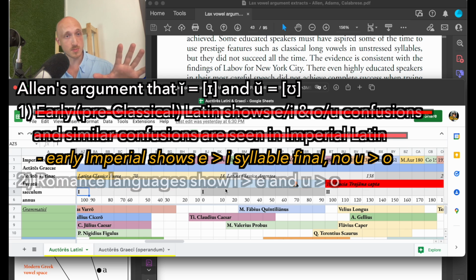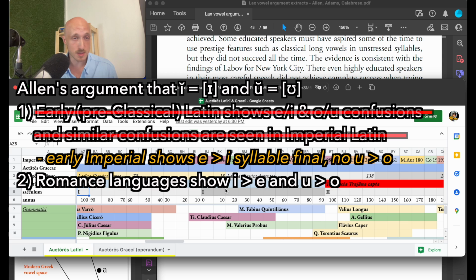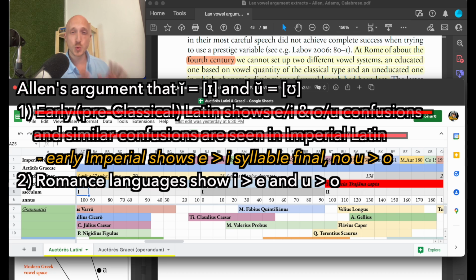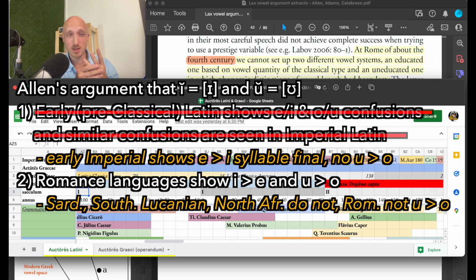The other part of the argument is Romance. Well, Romance languages demonstrate, according to Allen, that we have pira becoming pera, we have culpa becoming culpa, but we have not just one, we have 3 Romance languages, including that North African one, which don't demonstrate any of that, and Romanian only demonstrates the front and not the back vowels. Also Aromanian, by the way, which is just another bit of evidence.